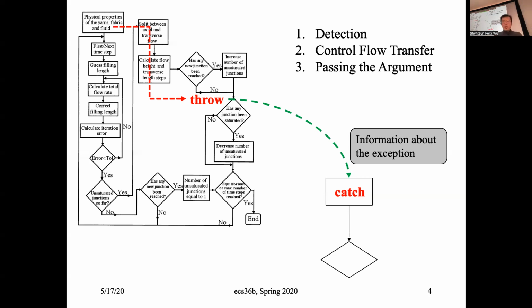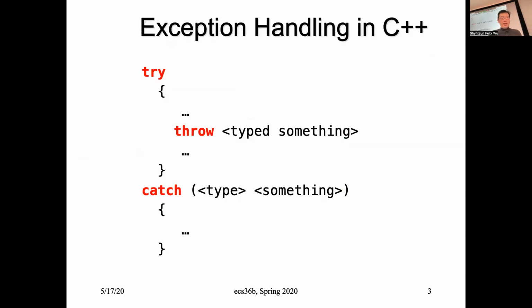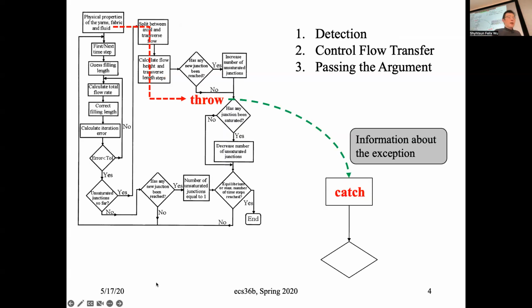And by the way, after you've done this, when you come over here and finish this catch clause, you're not going back over there. You're not going back to continue. Instead, you just continue to execute the next line of code here. Okay, that's something I want to clarify. So number one, in exception handling, you're detecting something.